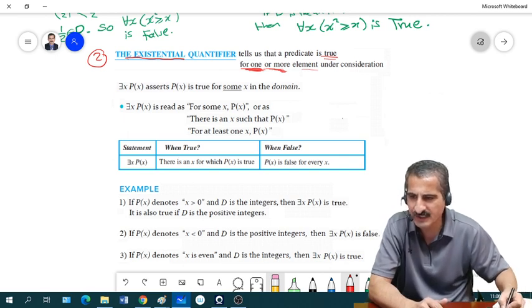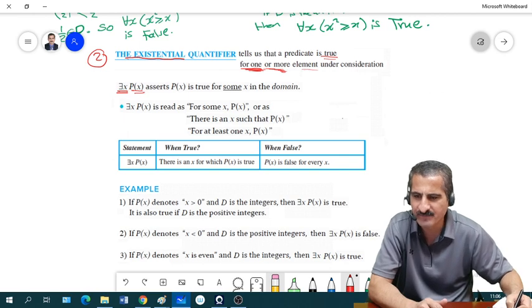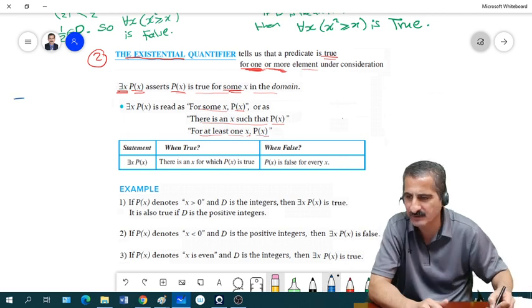So there exists x such that p of x, that means p of x is true for some x in the domain, and it is read: for some x, p of x happens. There is an x such that p of x happens. For at least one x, p of x happens. And to emphasize that, let's write it. There is some x such that p of x happens.